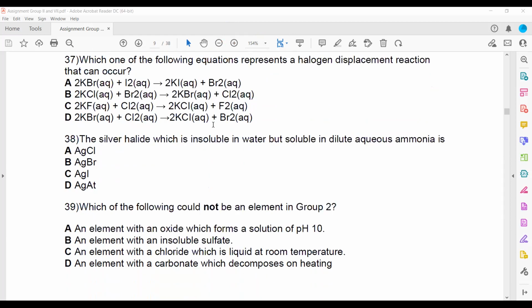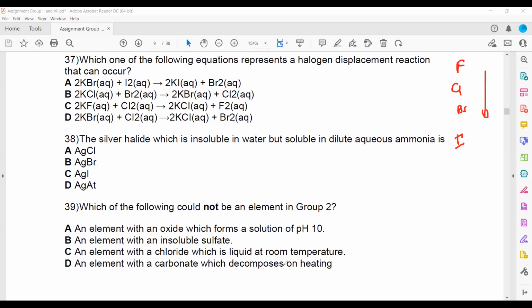Question 37. Which of the following equations represents the halogen displacement reaction that can occur? So always the more reactive halogen can displace the less reactive halogen from its compound. Fluorine is more reactive than chlorine, chlorine is more reactive than bromine, and bromine is more reactive than iodine.